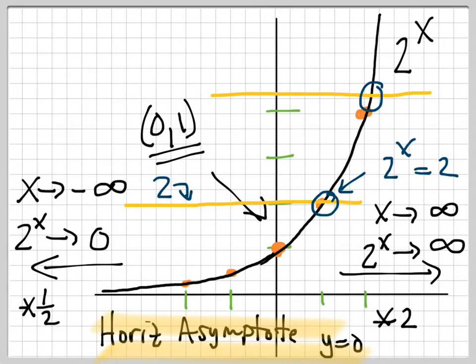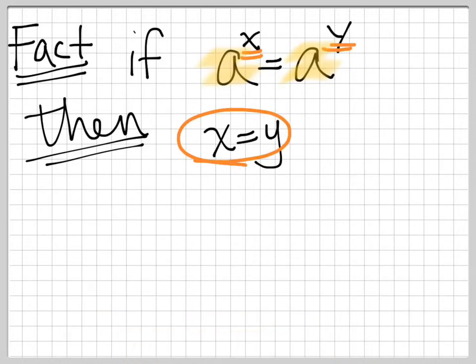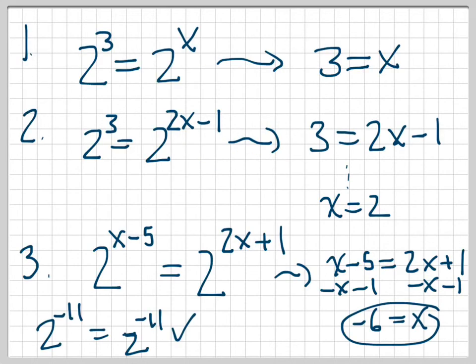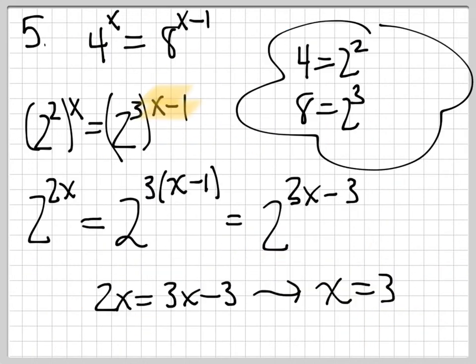We did a basic graph and talked about some of the properties. And then we talked about a way to start solving some of the equations involving exponents. We used the fact that if a to the x is a to the y, then x has to equal y. So we solved a couple of basic equations, and that's the end of the lesson.